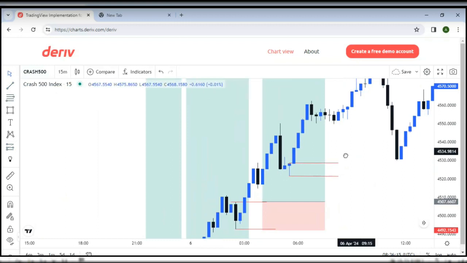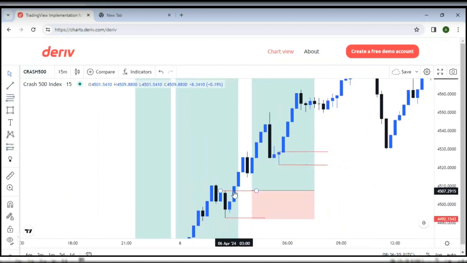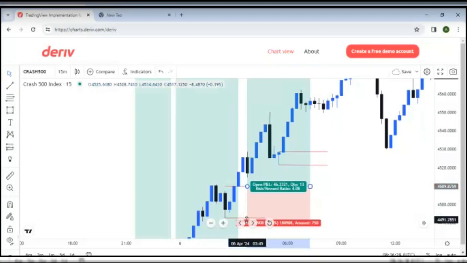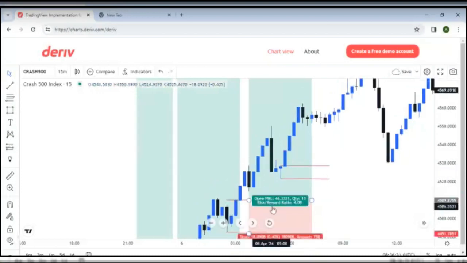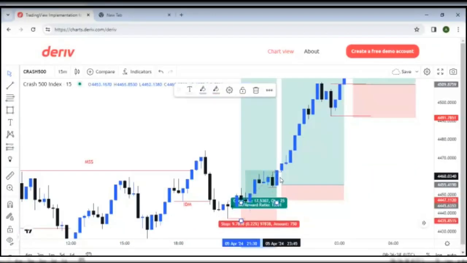So that's the place I want to take my trade. As soon as that candle closes, that's where I want to take my trade. So I have 1 to 4. Okay, this one also, I think I have, where is it?